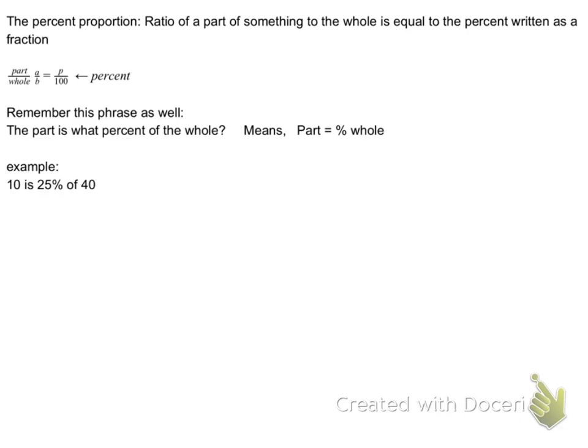And so, if you notice, a lot of our problems are set up in that exact style. 10 is 25% of 40. So, how can I set this up? The thing you need to ask yourself is, which one's the part, which one's the percent, and which one's the whole? The part is always the something that is going to be part of the group.